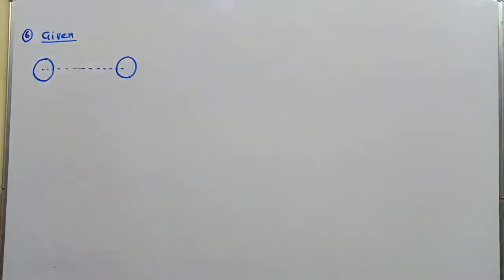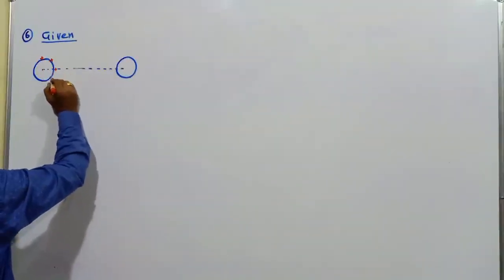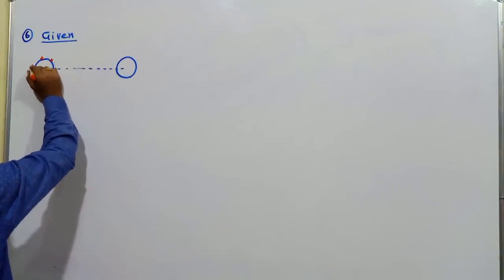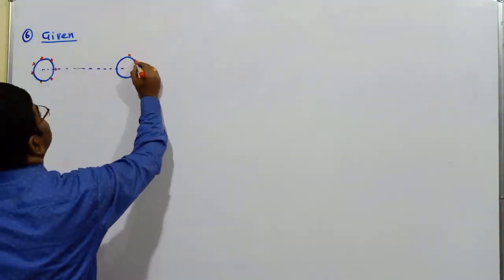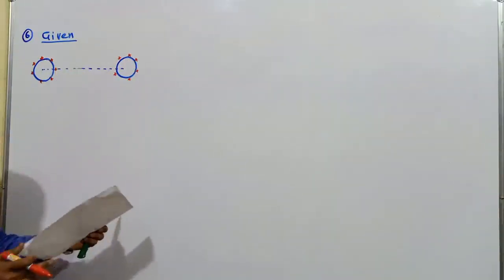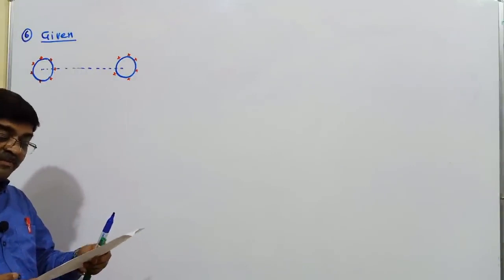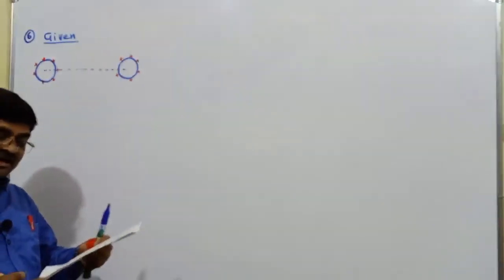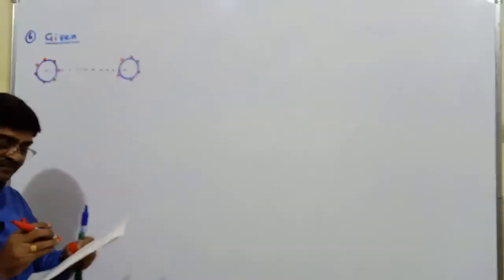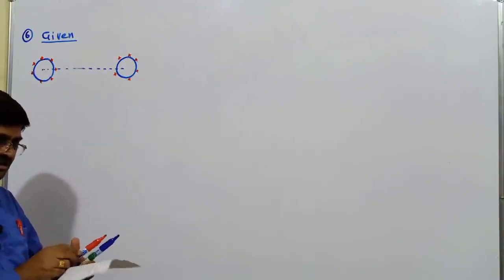Right. These two identical spheres are given some charge. What is mentioned about the charge? They have charges of opposite sign and attract each other with the force given for the separation mentioned.